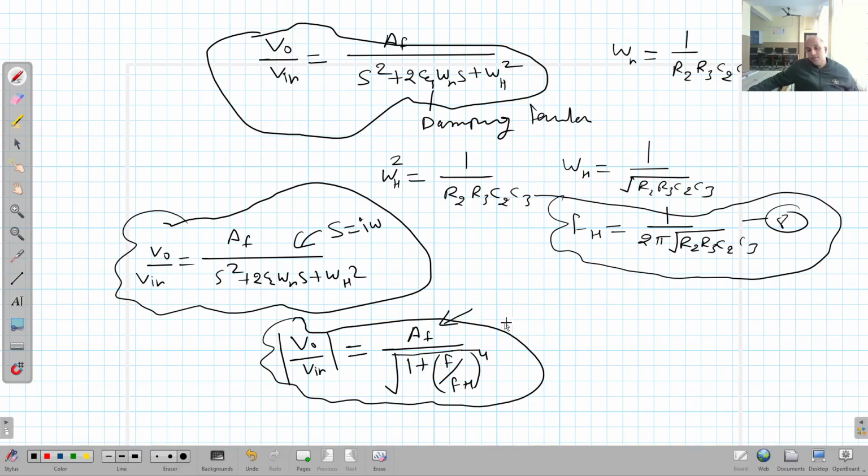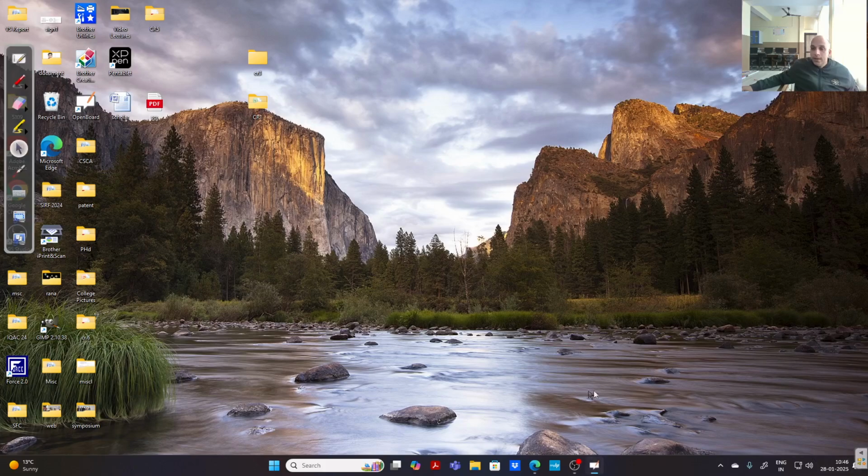So what is the difference between the first order and second order? Clear? You can recall that expression of the first order and see the difference. This is equation number 9, right? I can recall that value.